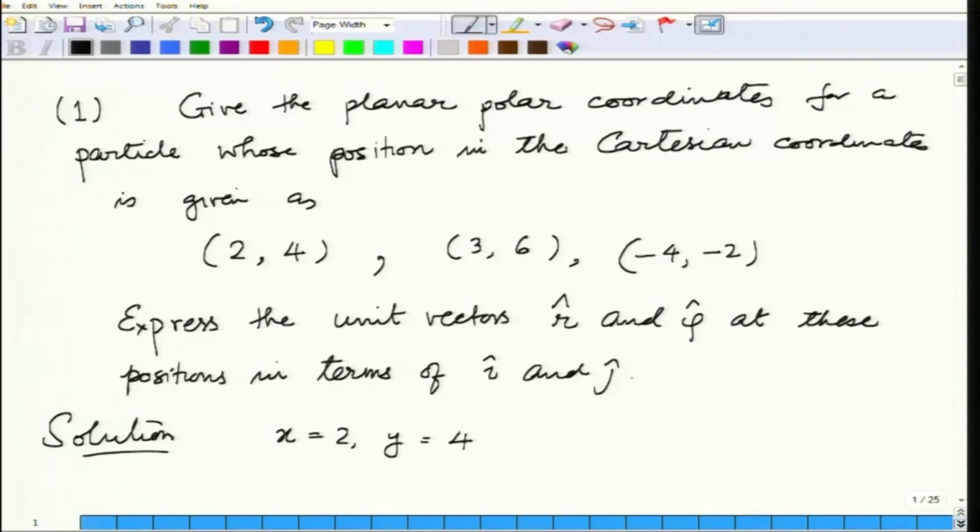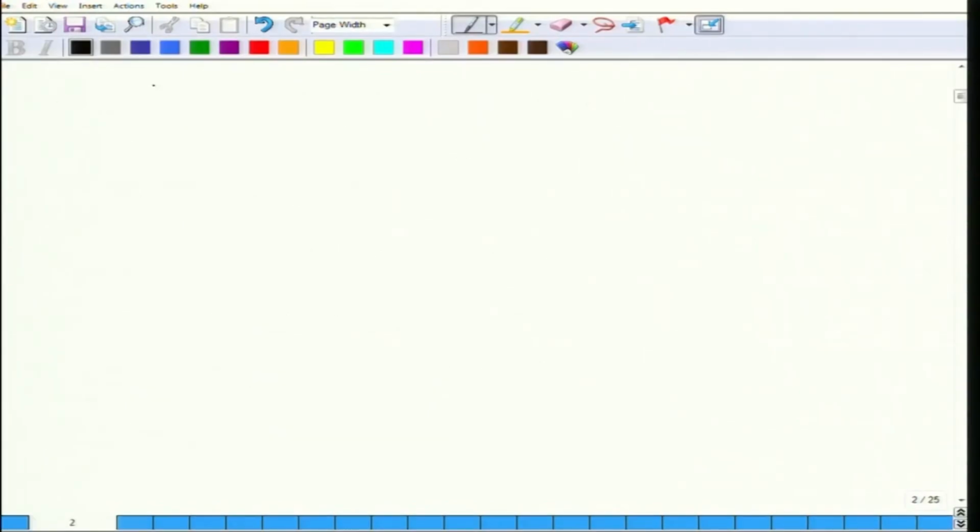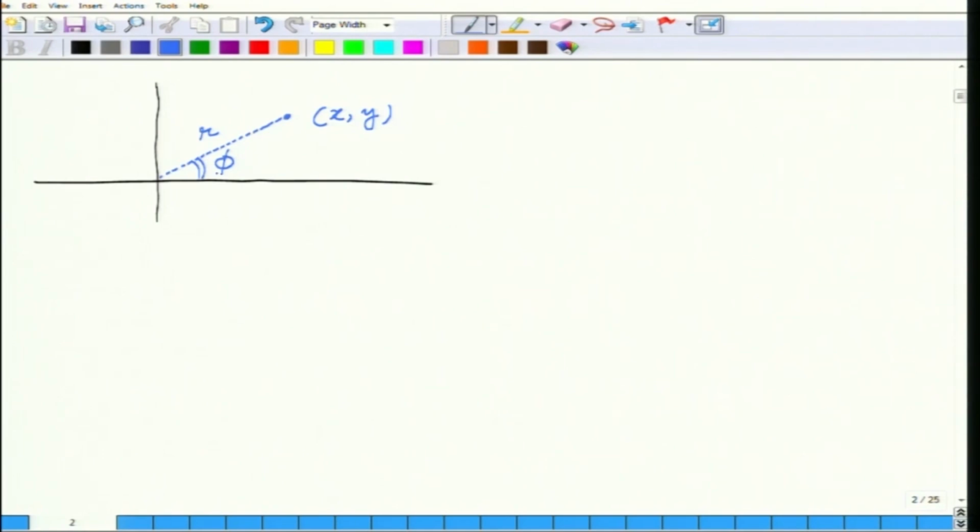First, let me make a general statement. When I am dealing with planar polar coordinates, if there is a point here, x and y, the radial coordinate is given by this distance from the origin, which we call r, and the angular displacement is given by this phi.